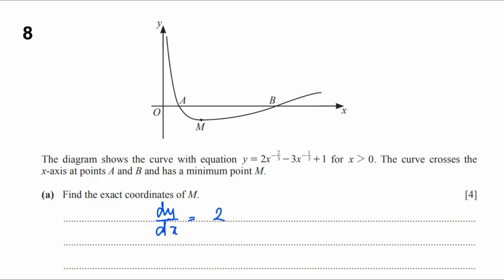Two times minus 2 over 3 multiplied by x power negative 5 over 3 minus 3 times negative 1 over 3 multiplied by x power negative 1 over 3 minus 1 will give negative 4 over 3. And this is equal to 0.